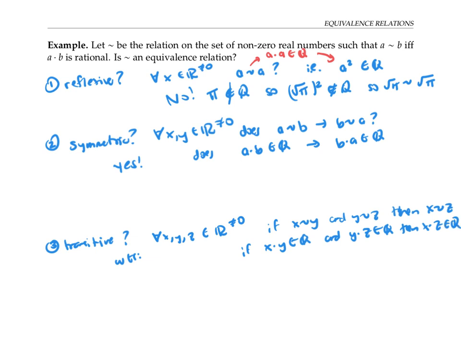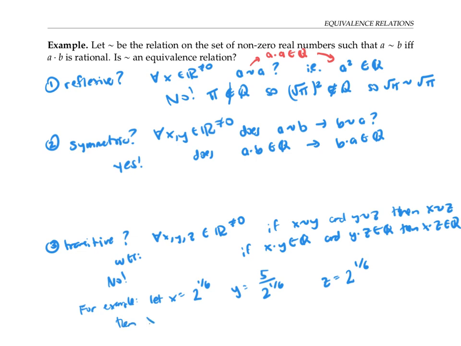Maybe pause the video for a minute and try to prove this or find a counterexample. In fact, this is not true. For example, let x be the sixth root of 2, let y be, say, 5 over the sixth root of 2, and let z be the sixth root of 2 again.